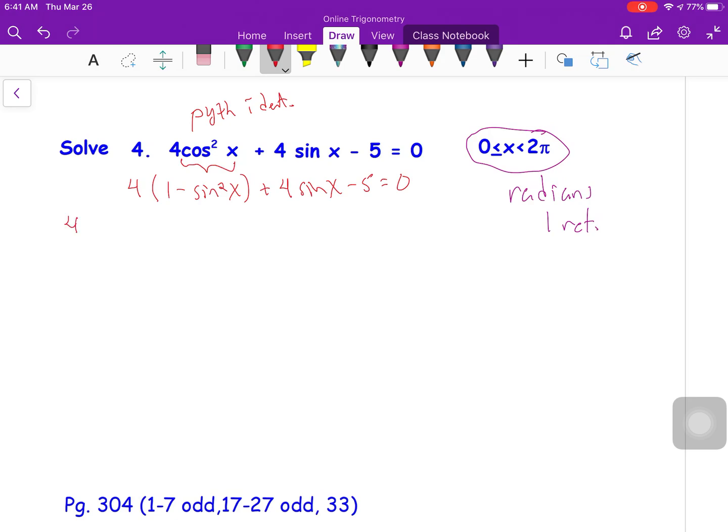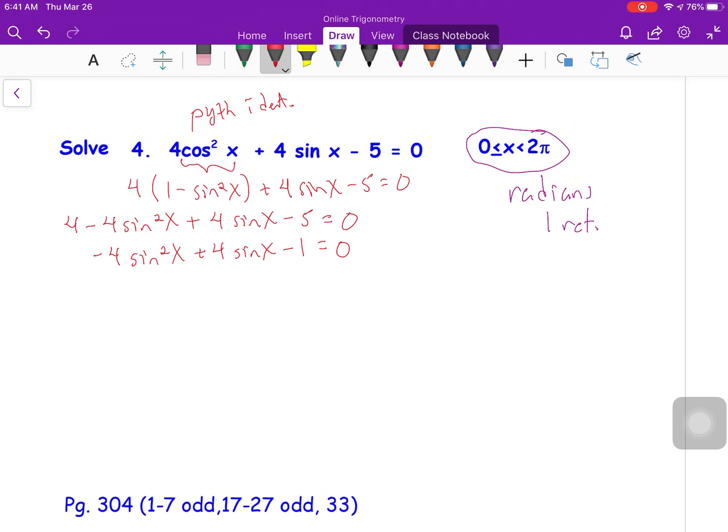We'll distribute the 4. That will give me 4 minus 4 sine squared x plus 4 sine x minus 5 equals 0. Combining like terms, we'll have -4 sine squared x plus 4 sine x minus 1 equals 0.